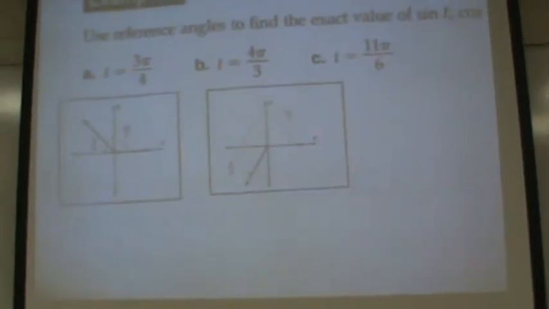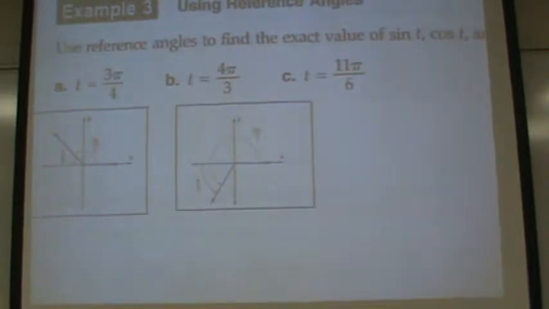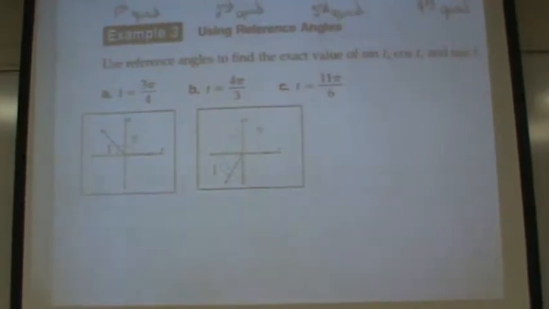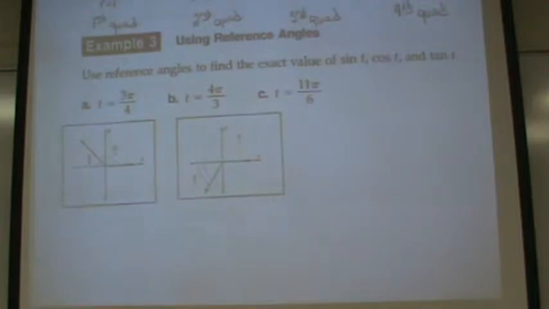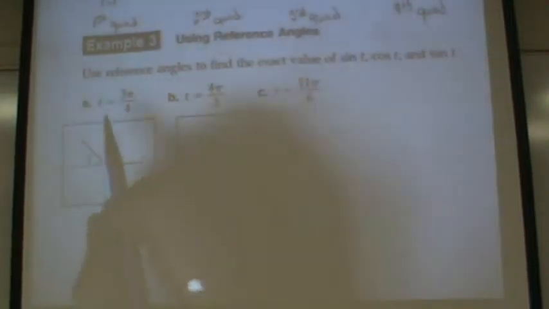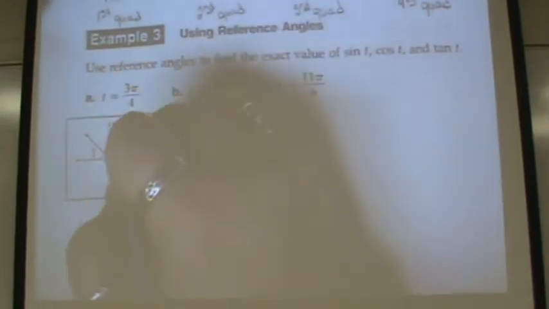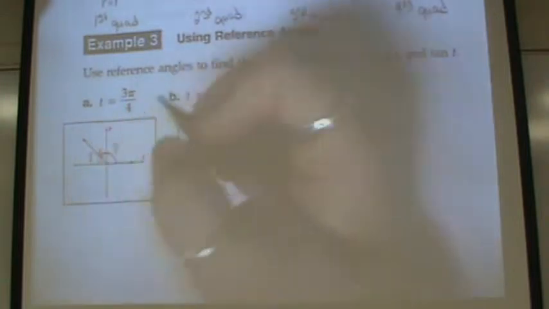So example 3, it wants us to use reference angles to find the exact value of sine, cosine, and tangent for each of these. So first, for part A, we should find our reference angle. 3 pi over 4 is in the second quadrant.